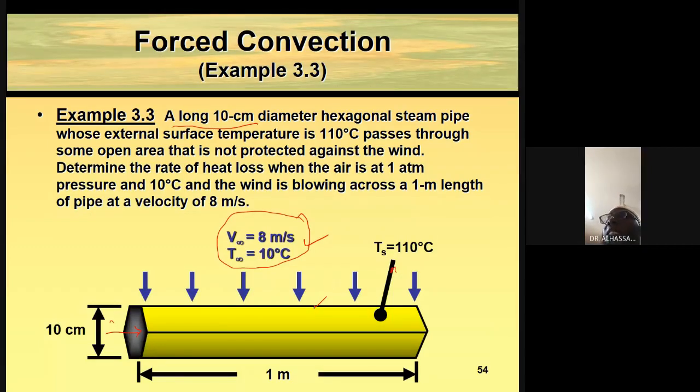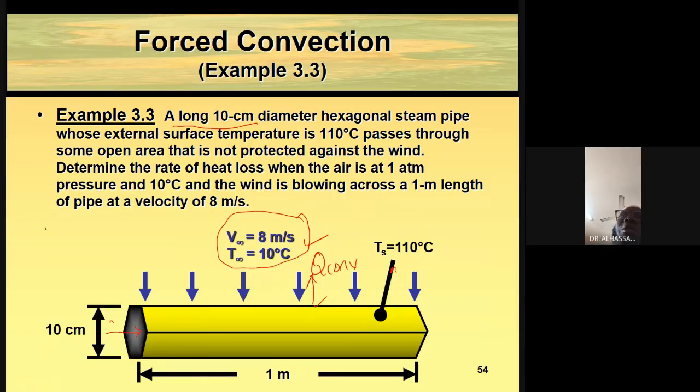You understand? Because this is a hot surface, heat is bound to be transferred from the outer surface of the hexagon to the air, and the mode of heat transfer is convection.